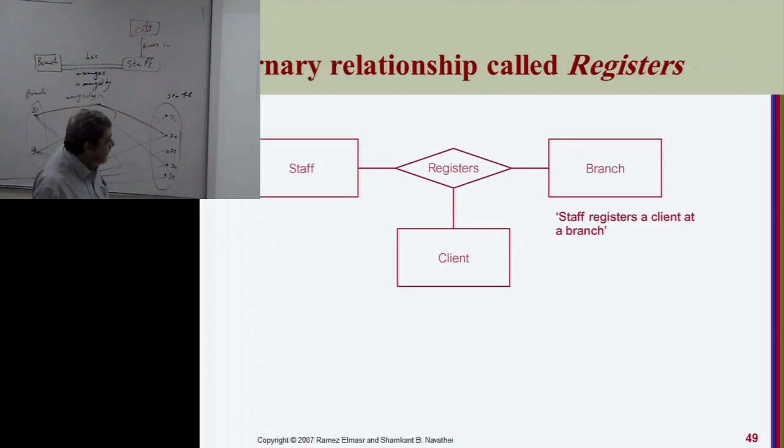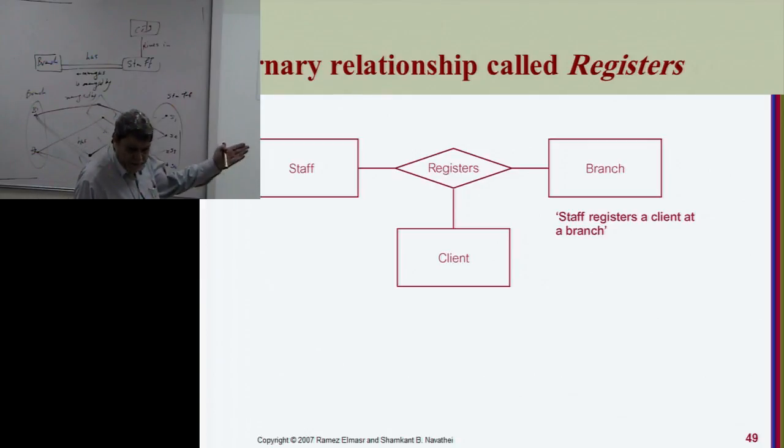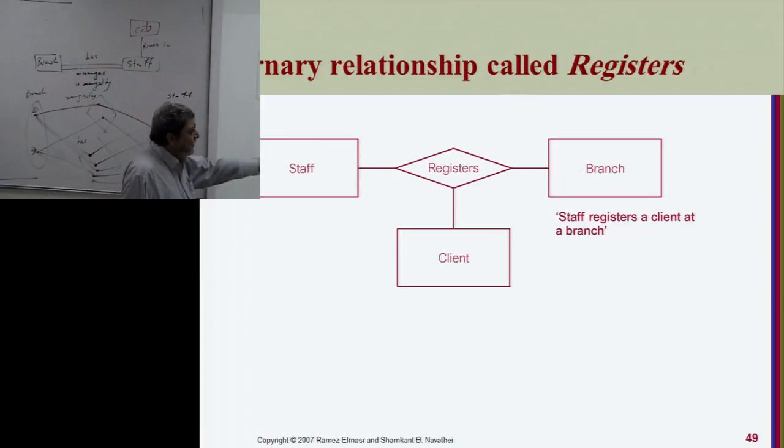Okay. So, for example, in this simple ERD, we say that registers is a relationship. The verb again. It relates what? It relates the staff, the branch, and the client. So it says, for example, the client registers in a branch with the aid of staff.